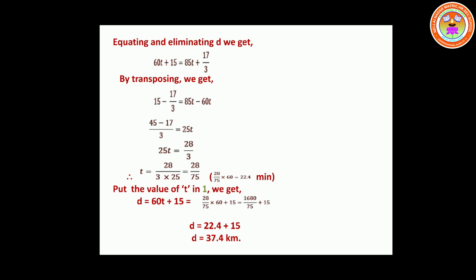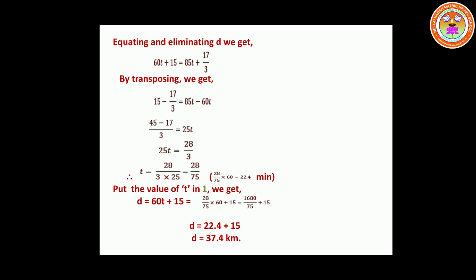Then subtracting, you have 25t by 3. 45 minus 17, when you subtract it, is 28 by 3, and to the right hand side you have 25t. So now keep the t as it is, transpose 25 to the other side, therefore t is equal to 28 by 3 into 25. So when you multiply, 28 is the numerator, 3 into 25 becomes 75. You keep that as it is.